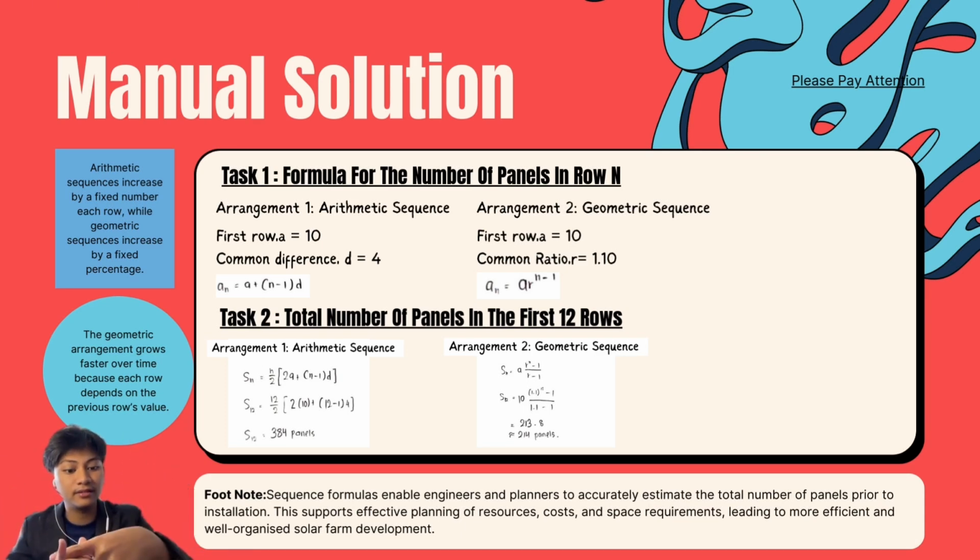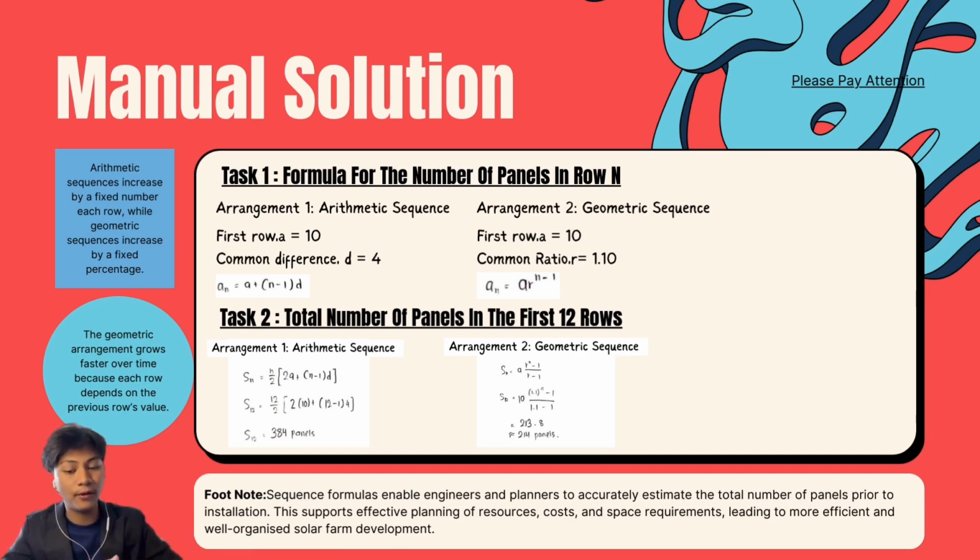For the second arrangement, the geometric sequence, we use a different kind of formula. The given formula is Sn equals a times r to the power of n minus 1, divided by r minus 1.